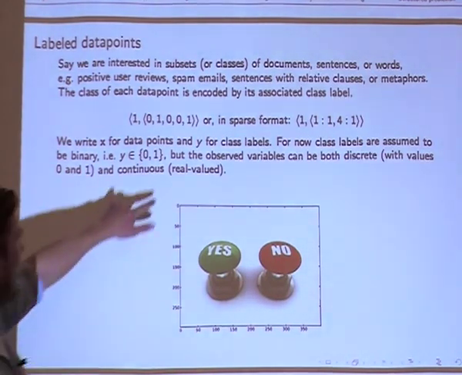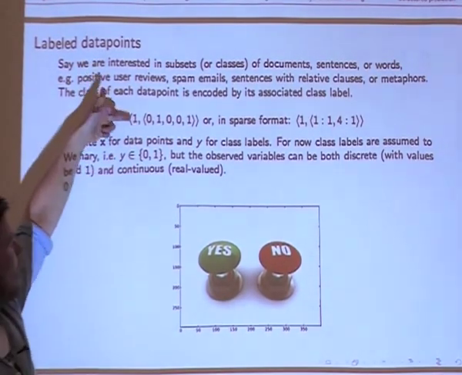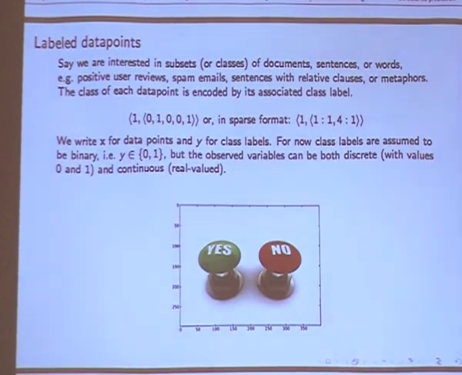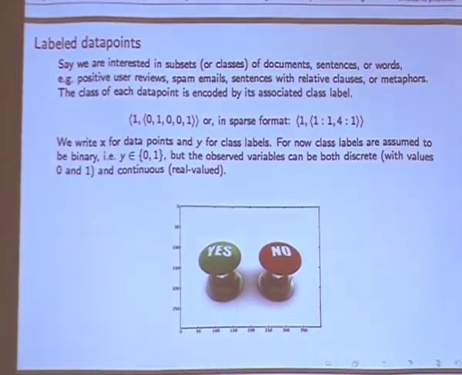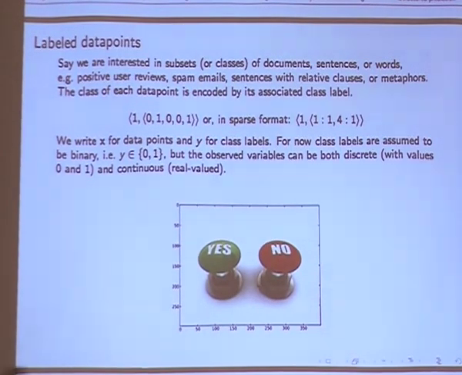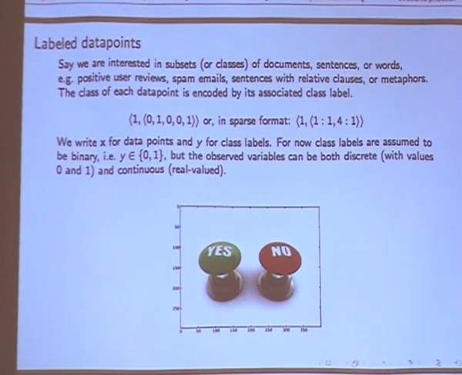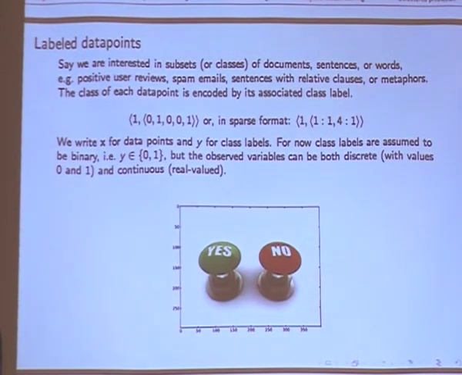And we get this more complex tuple here with a class label and the data point. Typically, we're going to write boldface X for this part and Y for the class label. We're just going to assume that we're working with binary classification problems, and the observed variables are going to take either binary values or real values.